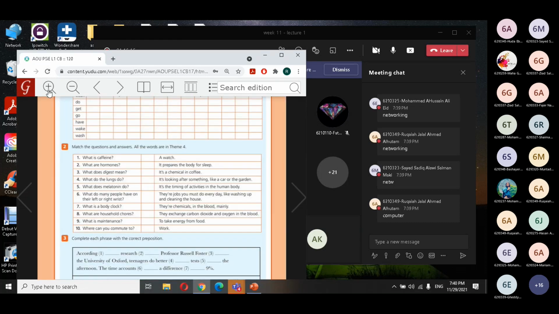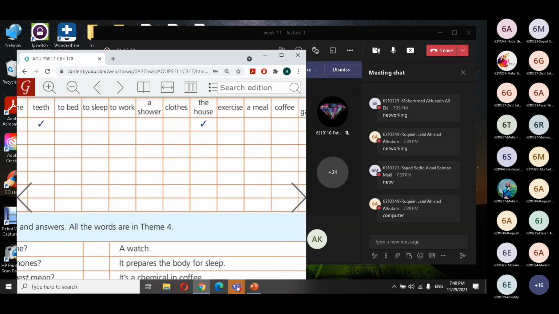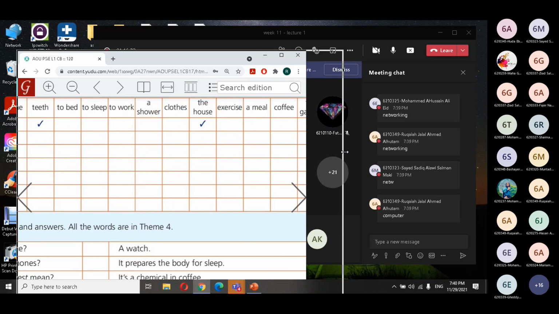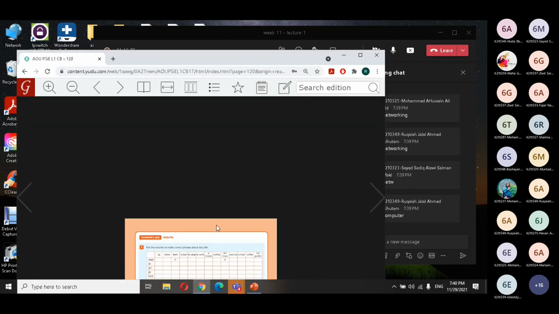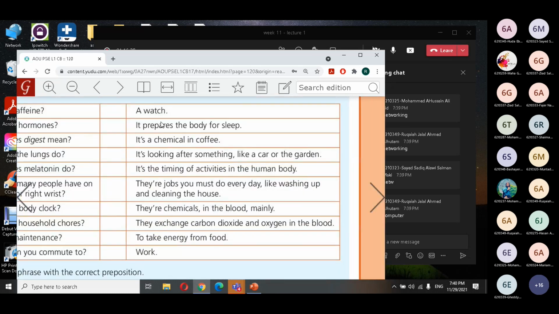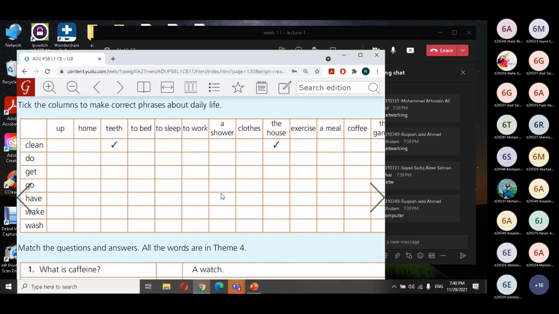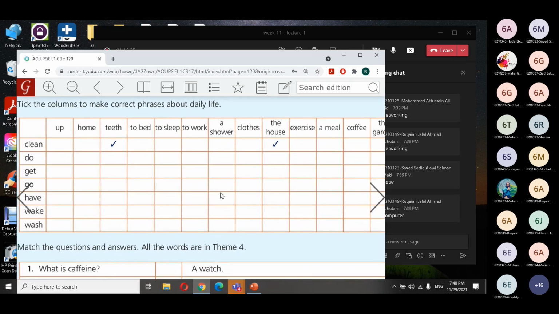Okay. Now we will have, as I said, two short, very quick exercises. This is one of them. You know, there are things we do every day. Everyday activity. We have activities we do every day.